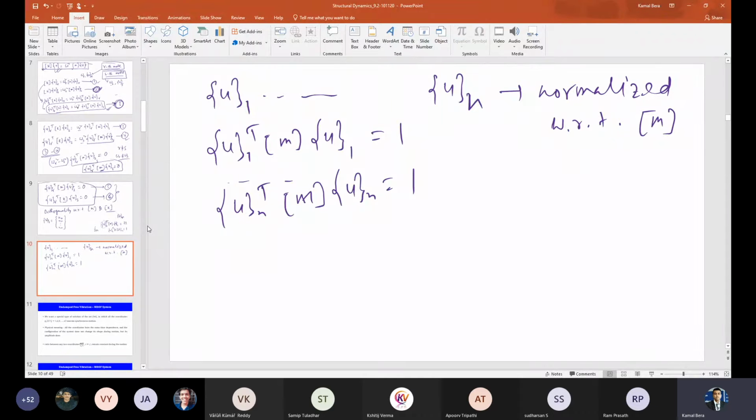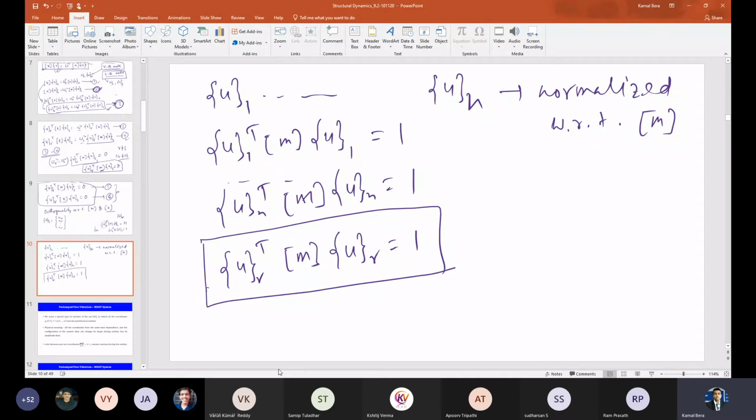So I can say UR transpose M UR is 1. I have mass normalized in such a manner that I got this as 1.